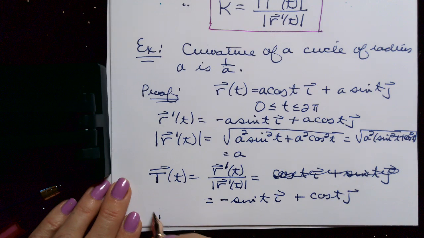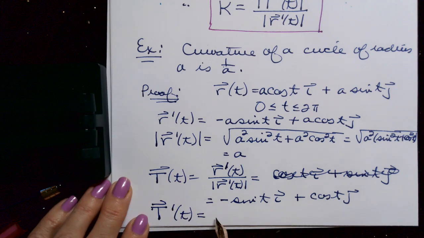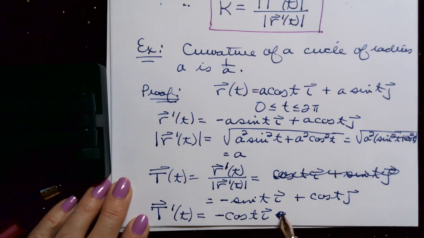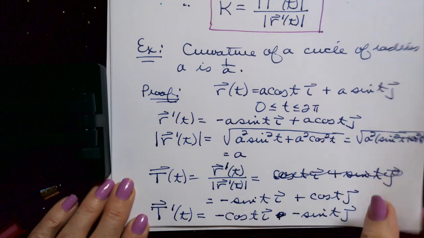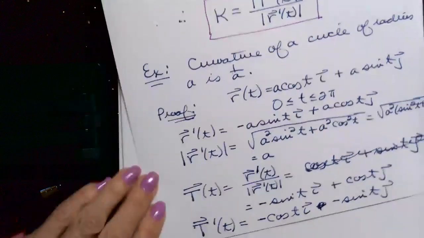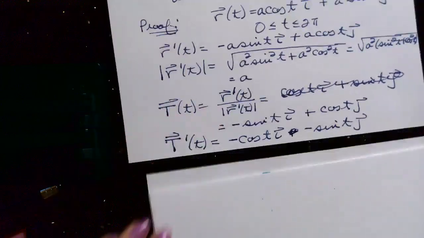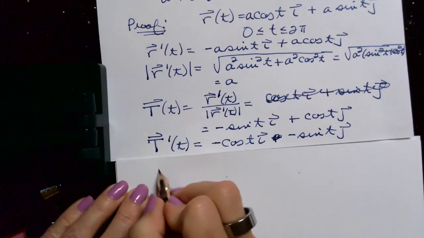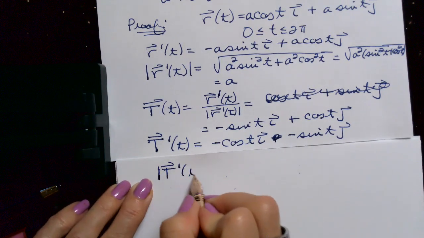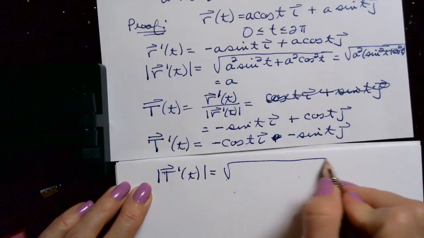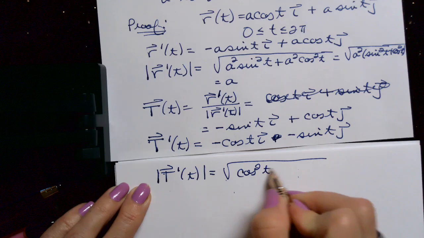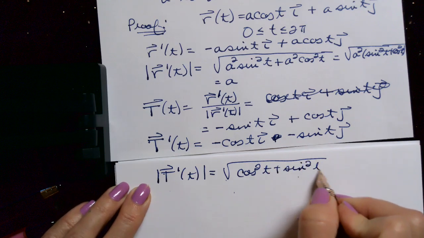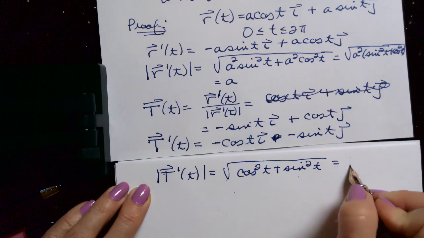And now we need capital T prime, because that's the one we're going to need the length of. Differentiating this, we get minus cosine t i minus sine t j. Now let's compute the length of that vector. The length of capital T prime of t is the square root of cosine squared t plus sine squared t, which is just the square root of 1, so it's just 1.